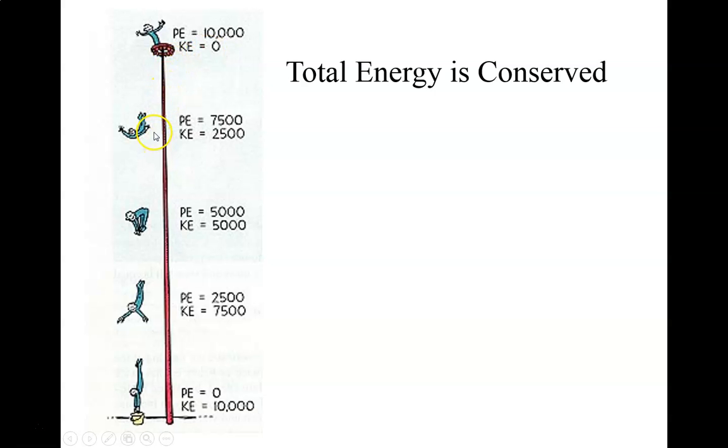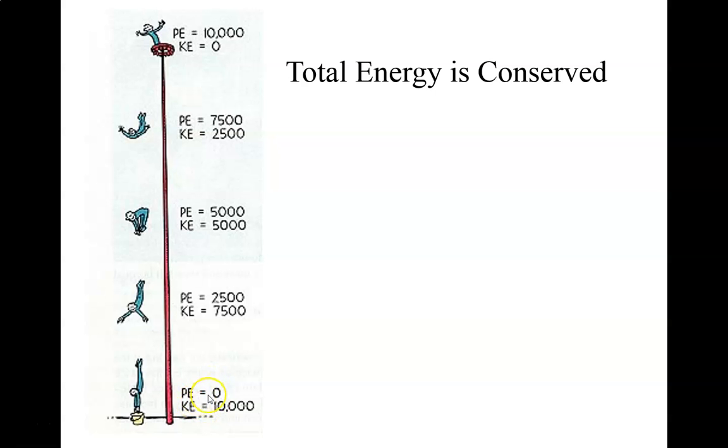As they fall, they lose some of their gravitational potential energy because their height decreases, mgh, and what they lose in potential energy, they gain in kinetic energy. Notice that the total still adds up to 10,000. When they're halfway down, they've lost half of their gravitational potential energy, and that 5,000 joules that they lost in PE shows up as KE, and et cetera, et cetera.